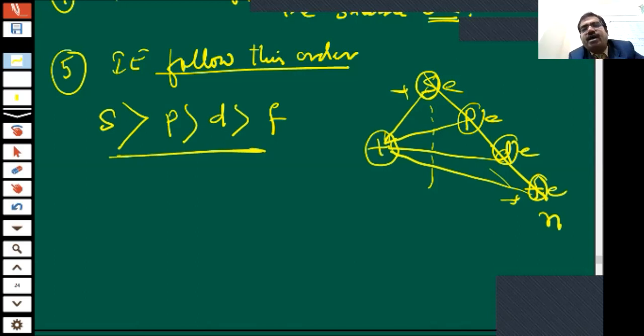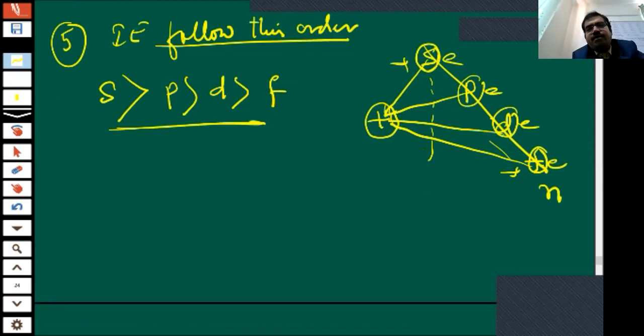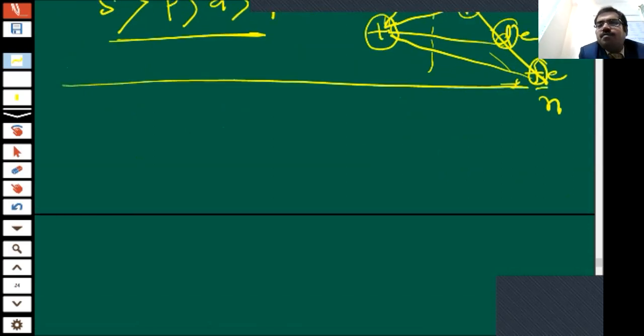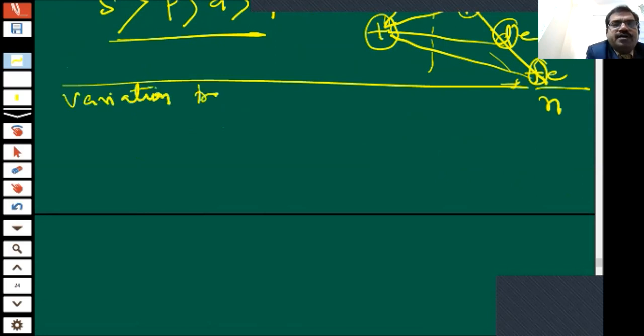So these are some factors which affect ionization energy. Okay, children, and today's normal variation trend in ionization energy.